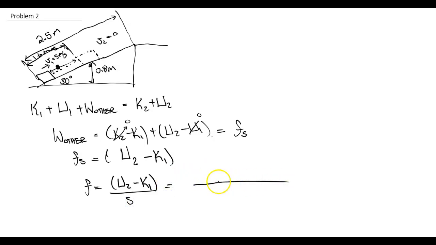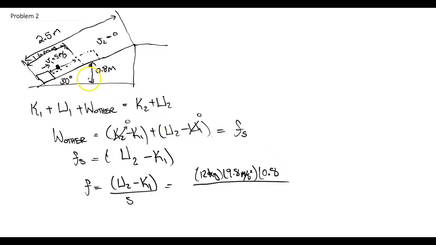And as we know, U is equal to m, which is 12 kilograms, g is 9.8 meters per second squared, and it went up the ramp 0.8 meters. 1.5, I'm sorry.